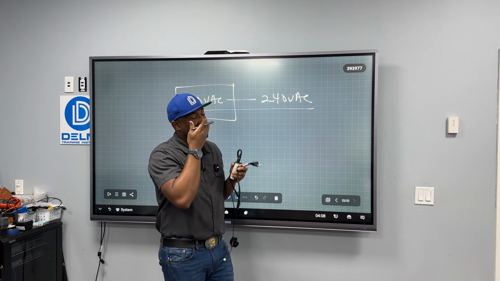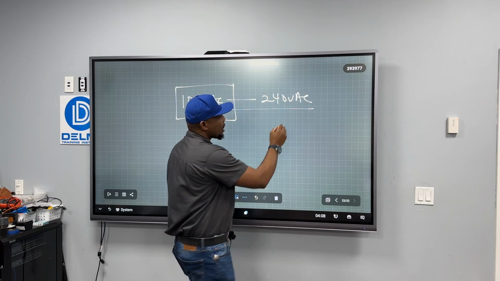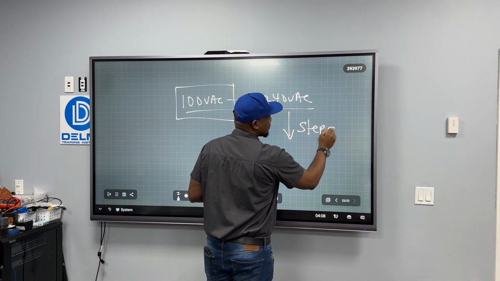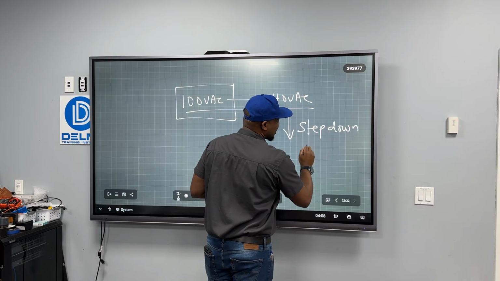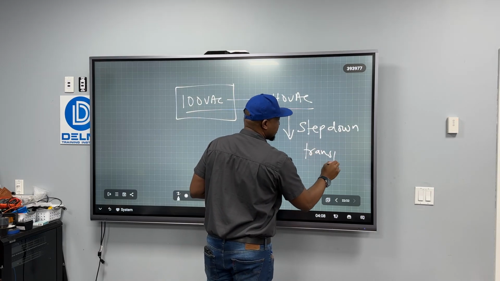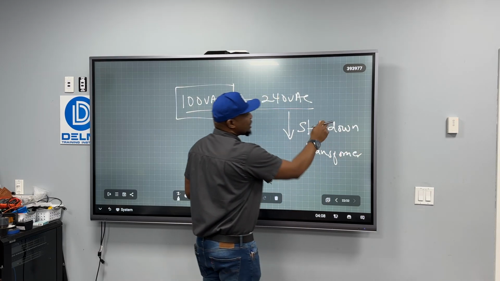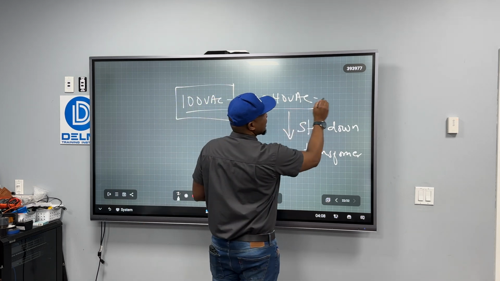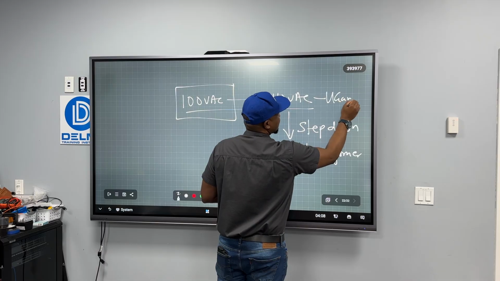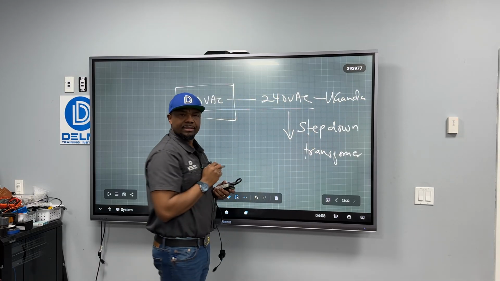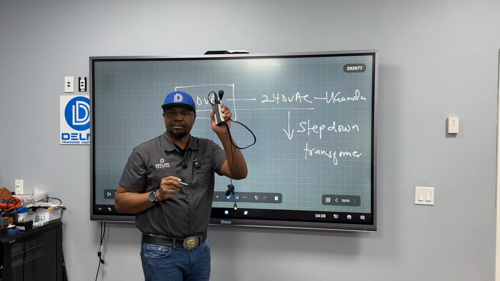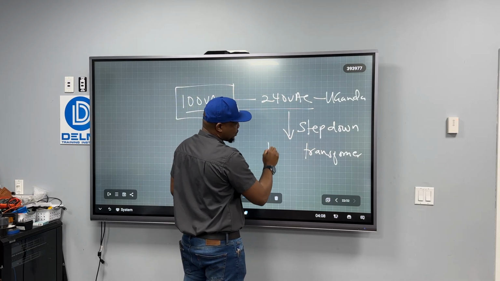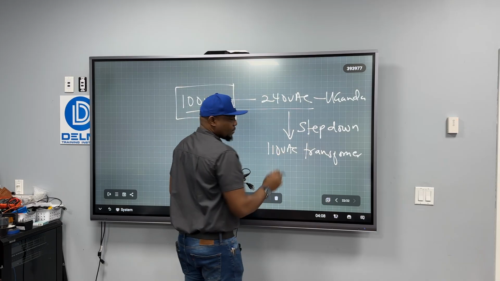So it is better that you get what we call a step down transformer. So this step down transformer, because Uganda uses that, and this is from Canada, it's going to step the voltage from 240 all the way to 110 volts AC.